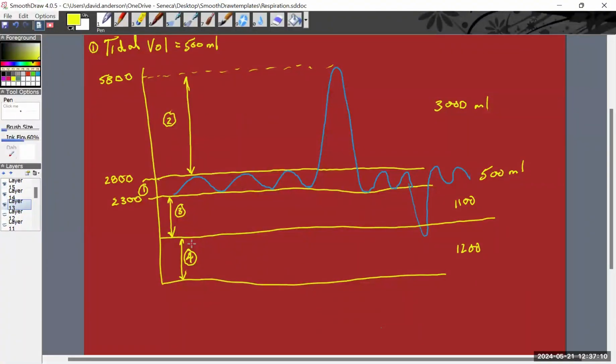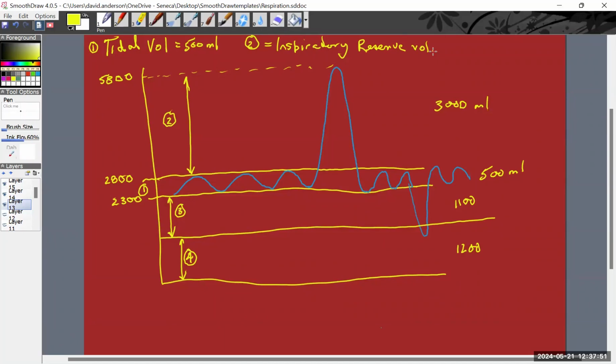So when we looked at these numbers, we mentioned that number one was our tidal volume. Number two is known as our inspiratory reserve volume. So our inspiratory reserve volume is the extra volume of air that you can inspire over and above your resting typical.